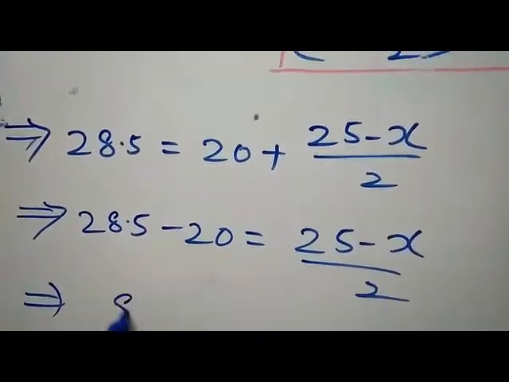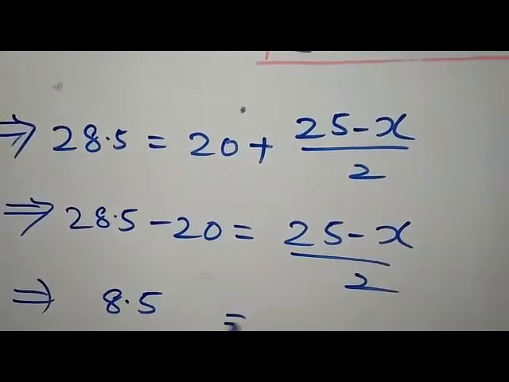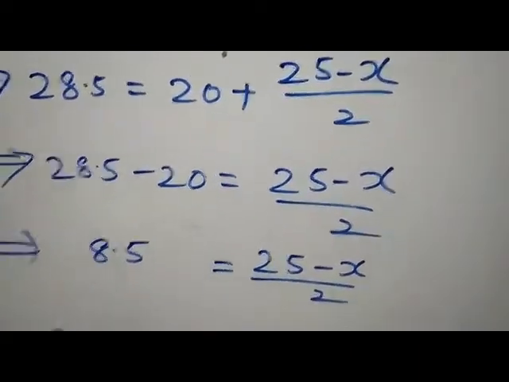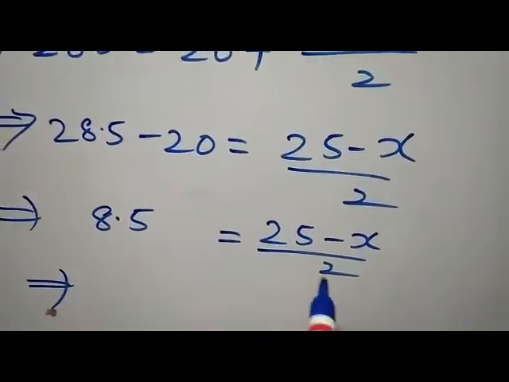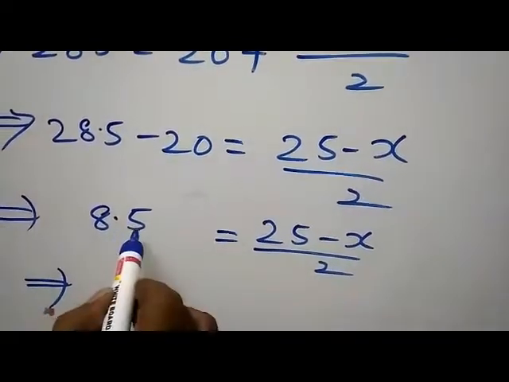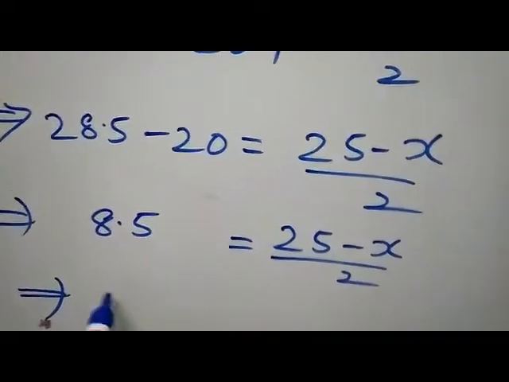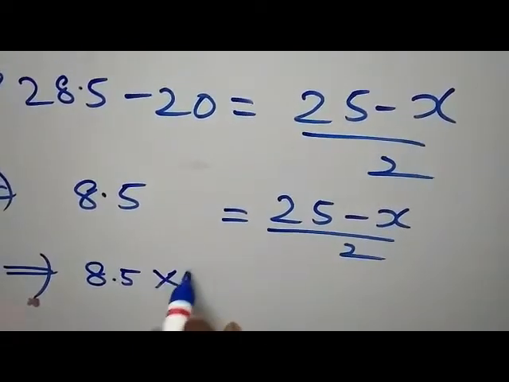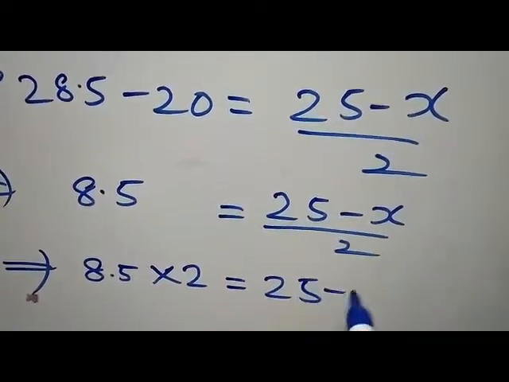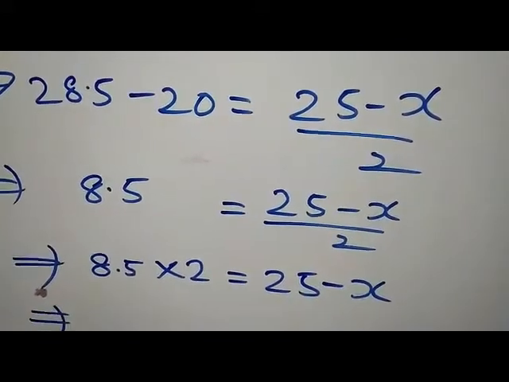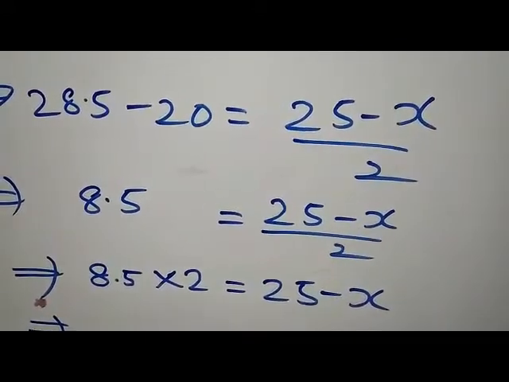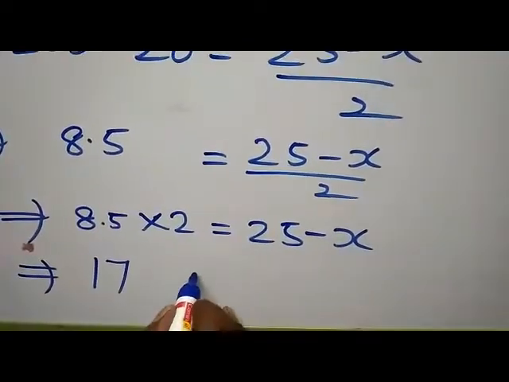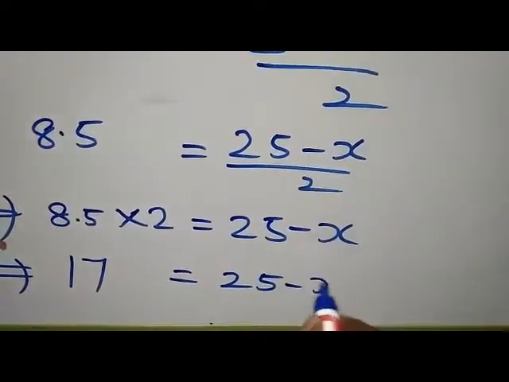If the by 2 comes from RHS to LHS, it is into 2. So 8.5 into 2 is equal to 17, equal to 25 minus x.